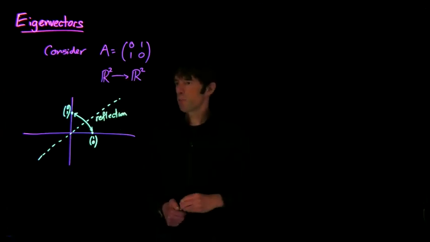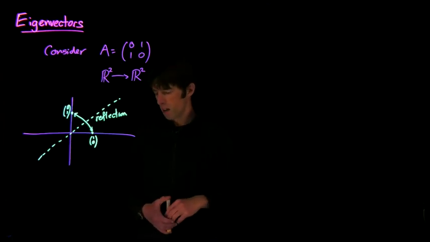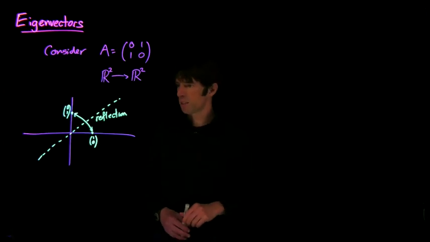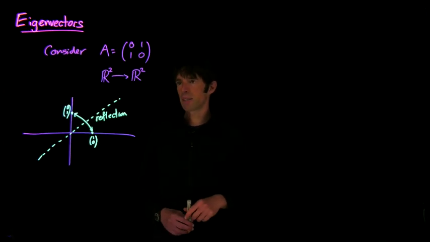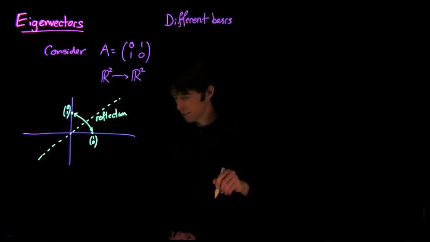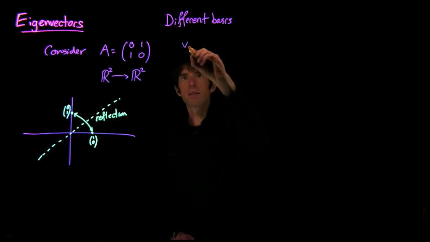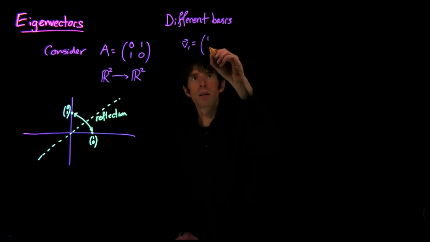So this is a linear transformation, and it's determined by what it does to the standard basis vectors. But it's also determined by what it does to any particular basis. And the standard basis might not have been the easiest basis to work with. So let's try a different basis. The basis I'm going to try here is v1 equals 1, 1.